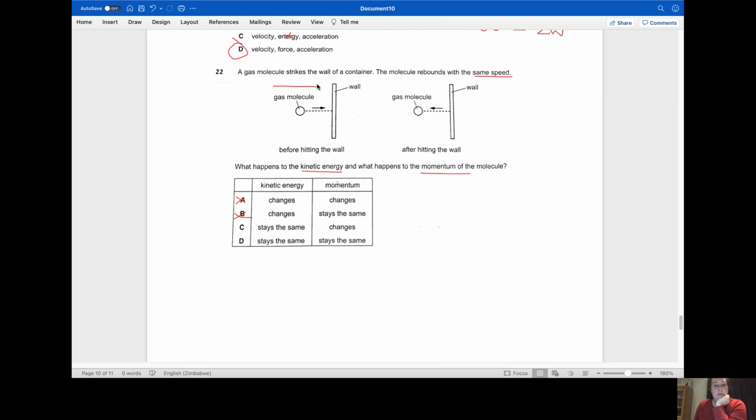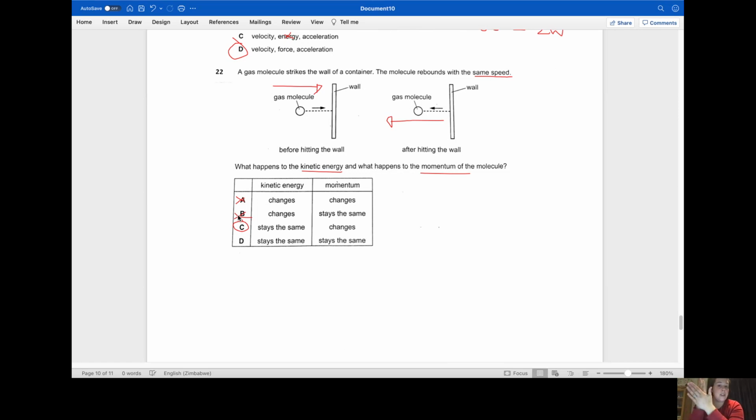When it's going towards the wall, it's going to the right. When it's going away from the wall, it's going to the left. So momentum actually changes because momentum takes into account direction. Your direction has changed, therefore your momentum has changed.